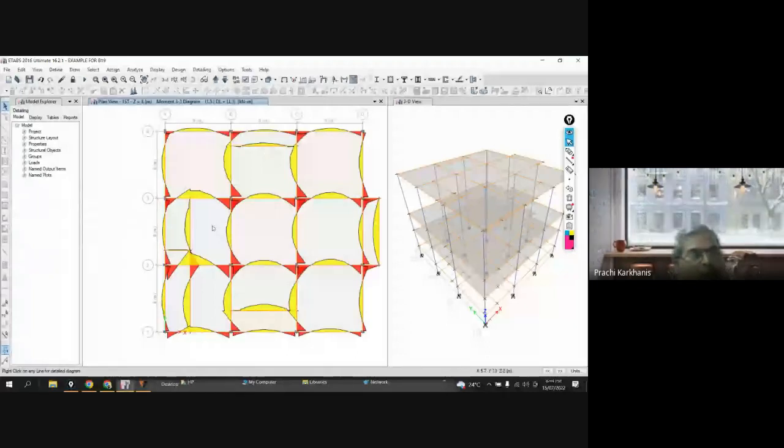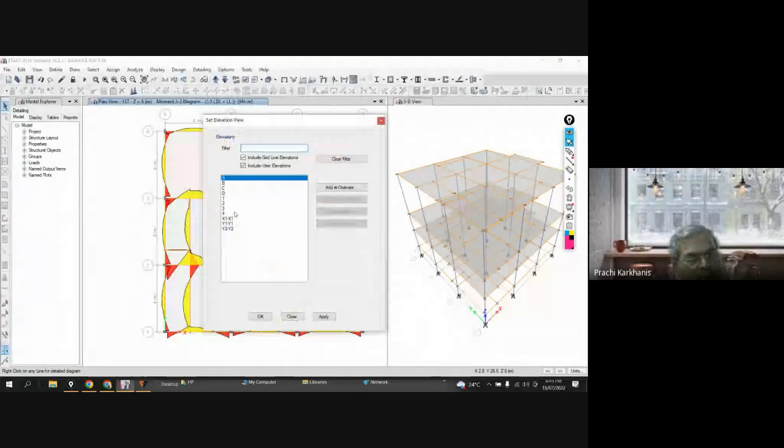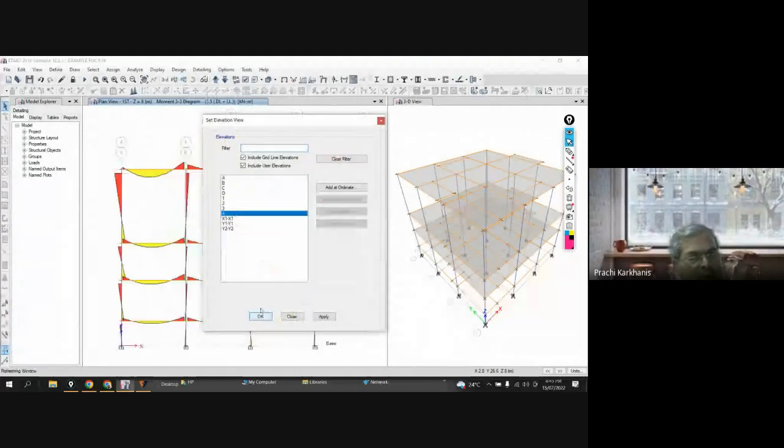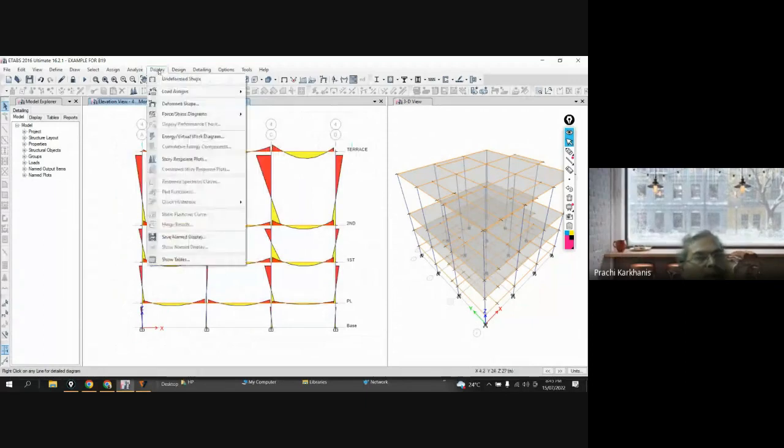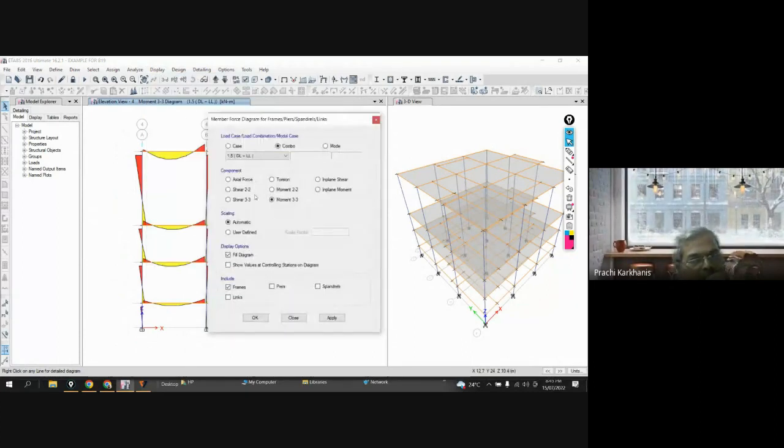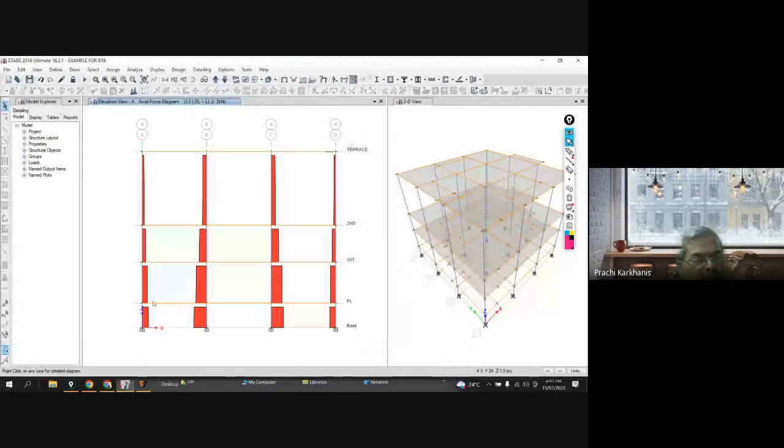Then we'll go for, say, columns. So I will go to elevation 4. In elevation 4, first let us see the diagram. Here, if I go to axial force, you will see that entire, this red means it is negative.